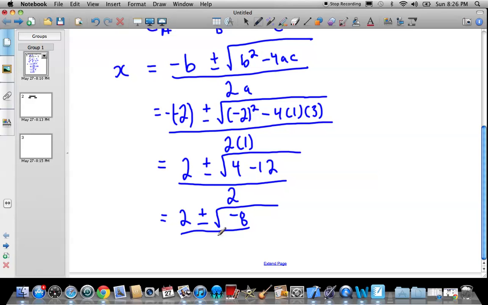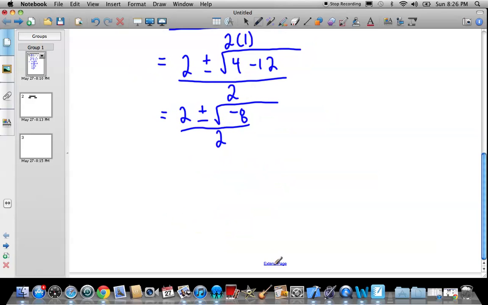So what that means is, because I have a negative underneath my square root sign, I'm going to have imaginary roots. So what you need to remember for imaginary roots is that the square root of negative 1 is equal to i. Alright?